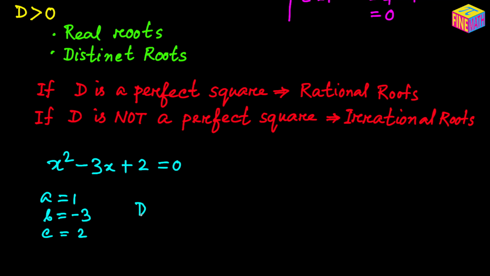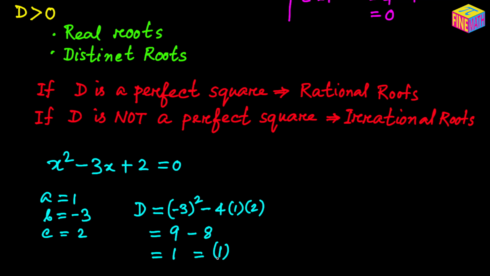So the value of D will be b squared minus 4ac, which means negative 3 squared minus 4 times 1 times 2, right? That means 9 minus 8, which is equal to 1, which is actually 1 squared. We can write 1 as 1 squared also, right? So in this case, D is obviously positive and it is a perfect square. And because D is a perfect square, the roots will be rational numbers.